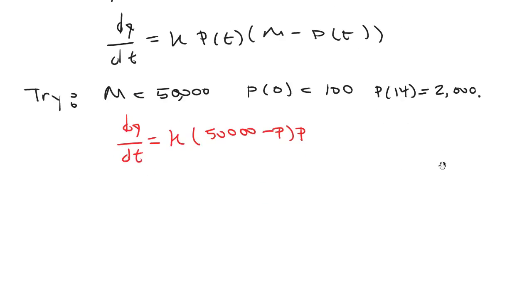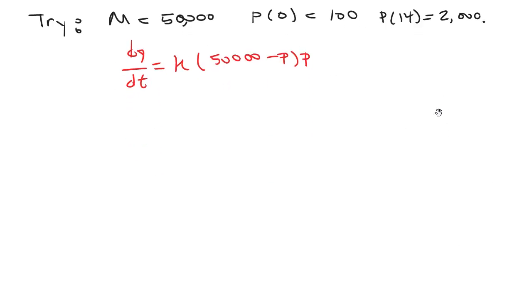So how do you solve this? Well, it would be a separation of variables where you have dy divided by 50,000 minus p, times p, and this equals k dt.